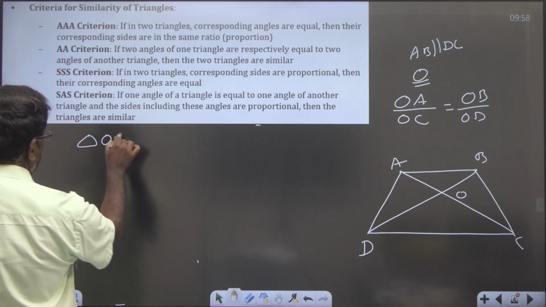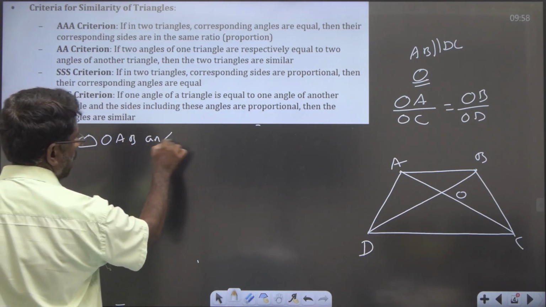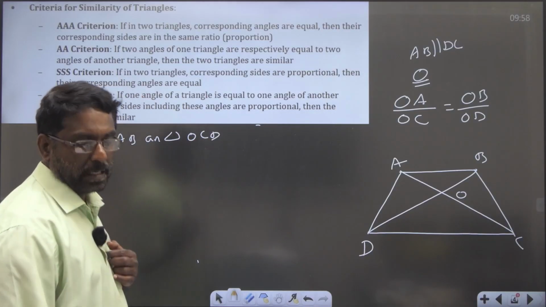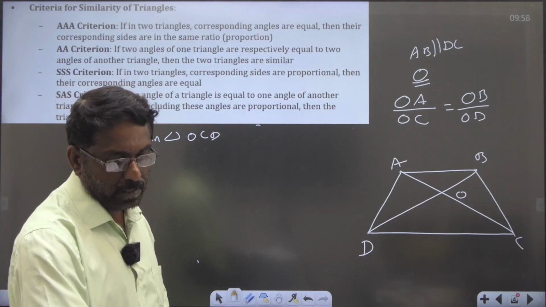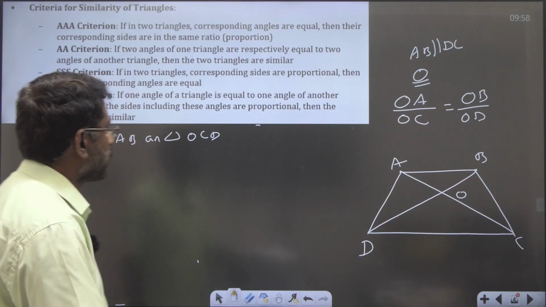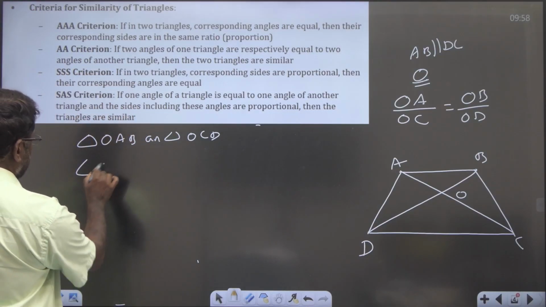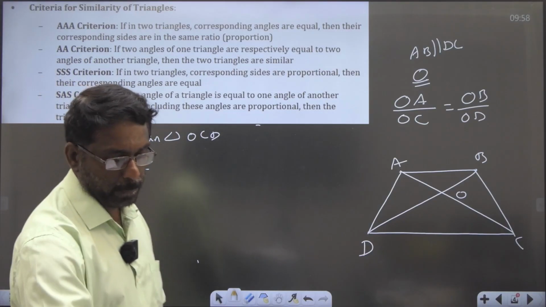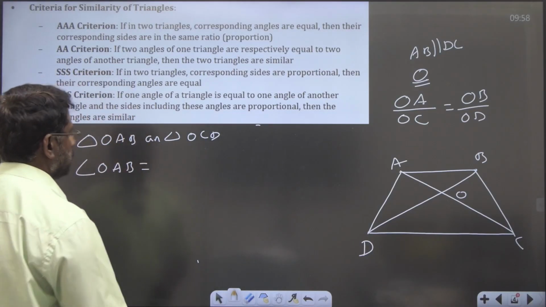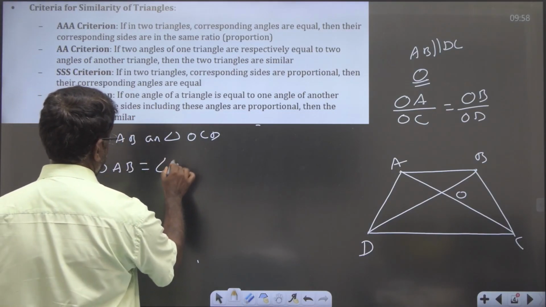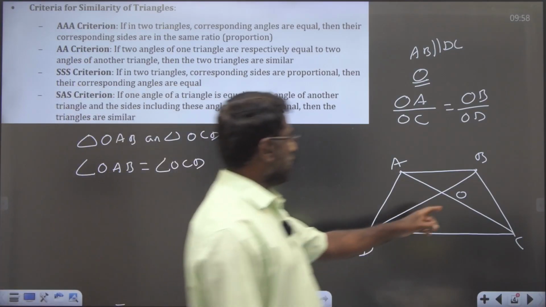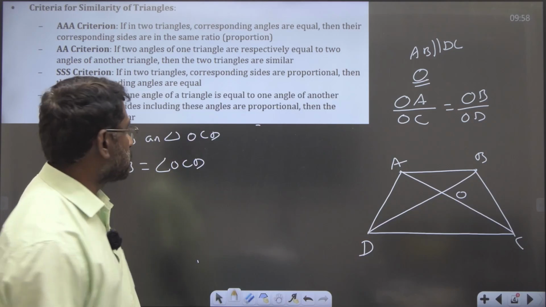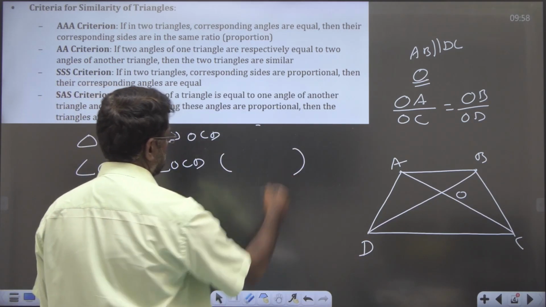Consider triangle OAB and triangle OCD. Angle OAB is equal to angle OCD. What is the reason? Alternate interior angles.